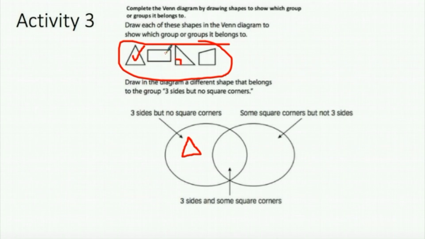So that's 4 sides, so that's not 3 sides, and that's some square corners. It didn't tell me how many square corners, it just said some of them. So there's my rectangle. Then I'm going to leave you to finish up with those two, figuring out, do those qualify as 3 sides and some square corners, or do they qualify as some square corners but not 3 sides?